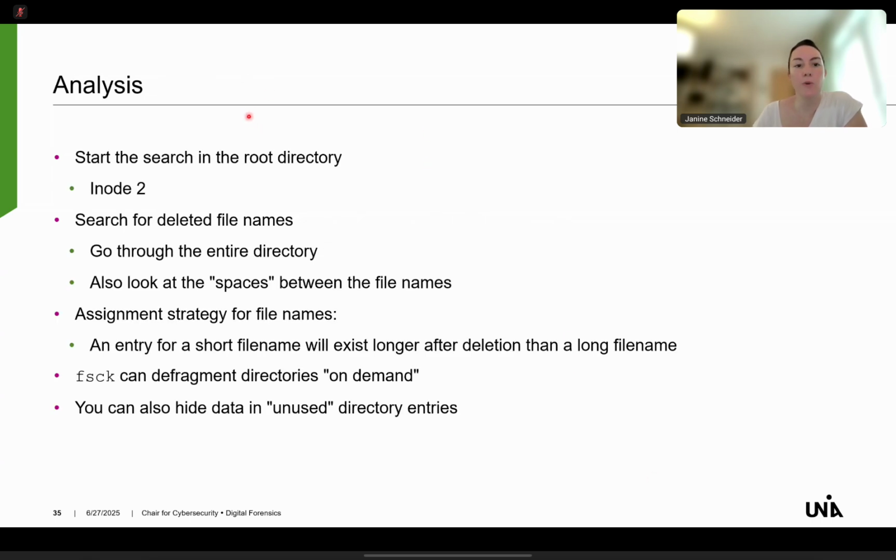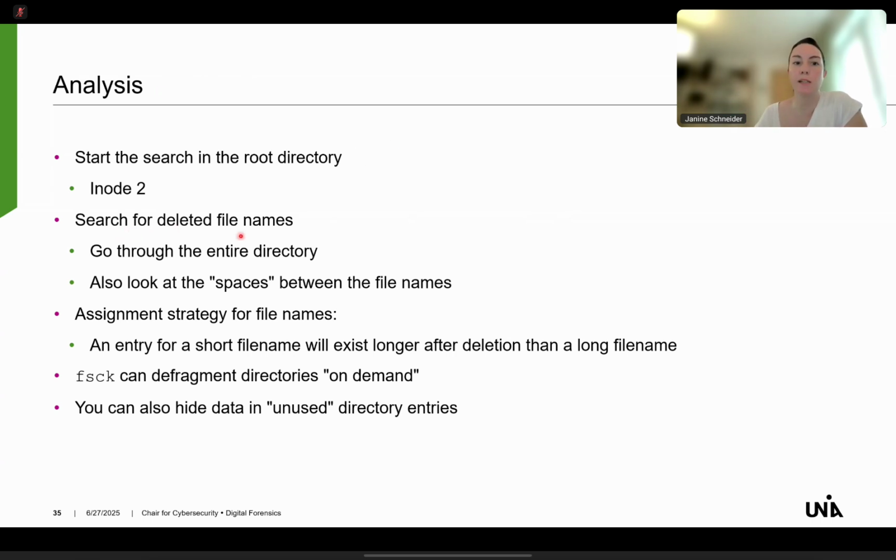In cases where we want to analyze directory structures and directory entries, we have to start by searching for the root directory. I told you before, the root directory has a reserved inode, which is inode 2. So via inode 2, you can find the root directory, and from the root directory, you can traverse the directory hierarchy and search for all the other directories.